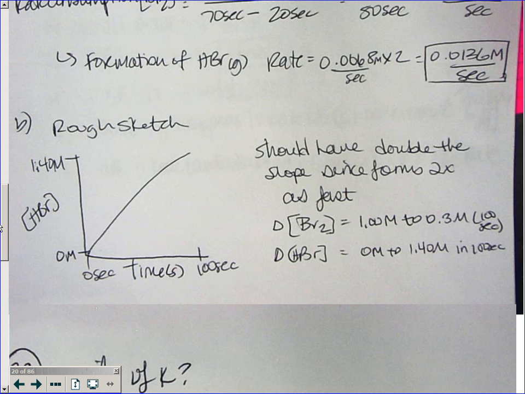So this consumed 0.7 molar, so this should be producing 1.4 molar in that same amount of time, so I guess it was 100 seconds. So that's how I kind of gauged my slope. So I made it produce 1.4 moles per liter at 100 seconds. Okay. All right. I think the last two were easier.